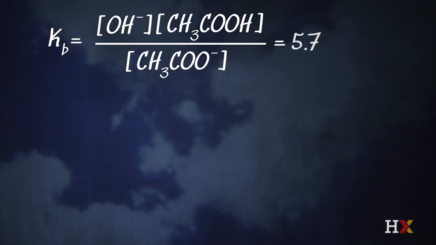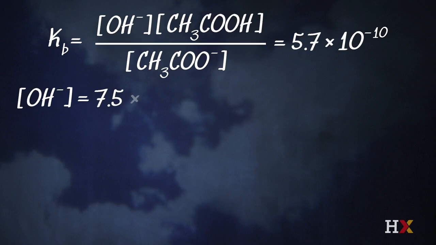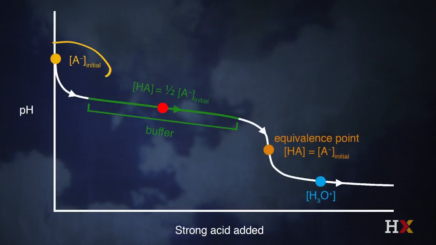That's 5.7 times 10 to the minus 10, which we've just calculated. And that gives us a hydroxide anion concentration of 7.5 times 10 to the minus 6 molar.